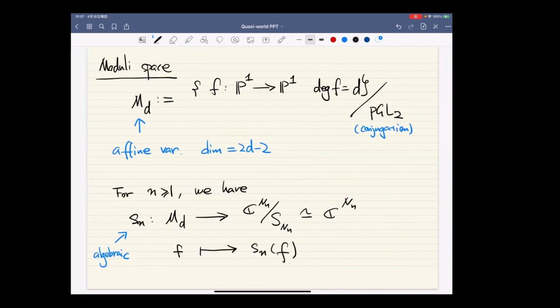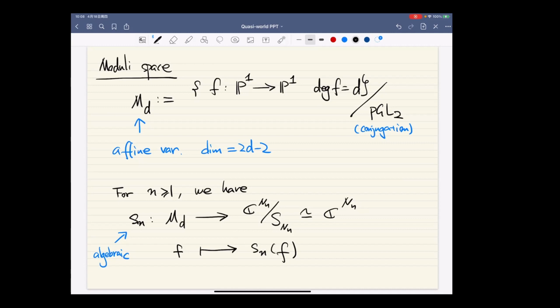For this, maybe we first recall some definitions. First is the moduli space of degree d rational maps. It's exactly the set of degree d rational maps on P^1 over C, but we need to quotient by PGL_2 by conjugation. This space is an affine variety, and its dimension is 2d - 2.